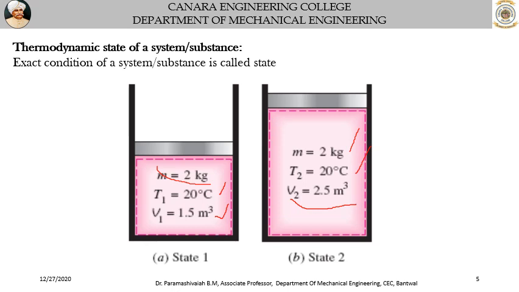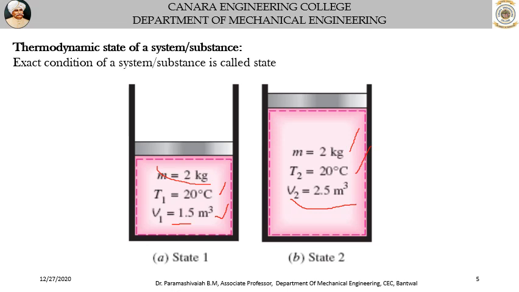So that means here state 1 is totally different from state 2 because one of the properties is different. Here volume is 1.5 meter cube, here volume is 2.5 meter cube. So even though the other two properties, mass and temperature, remain the same, there is a change in the property, volume. So then we say that state 1 is totally different from state 2.